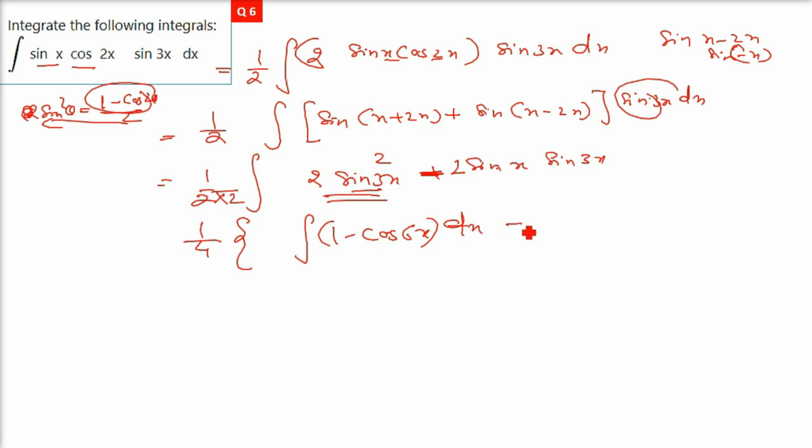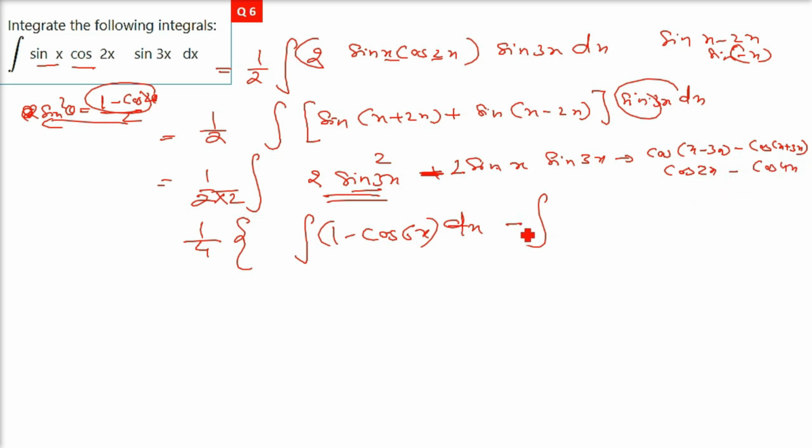And then this is minus 2 sine x sine 3x. This is sine a sine b. What is 2 sine a sine b? We have already seen this. It's cos x minus 3x minus cos x plus 3x, that is cos a minus b minus cos a plus b. So it's cos minus 2x, and that will be cos 2x only, and cos 4x.